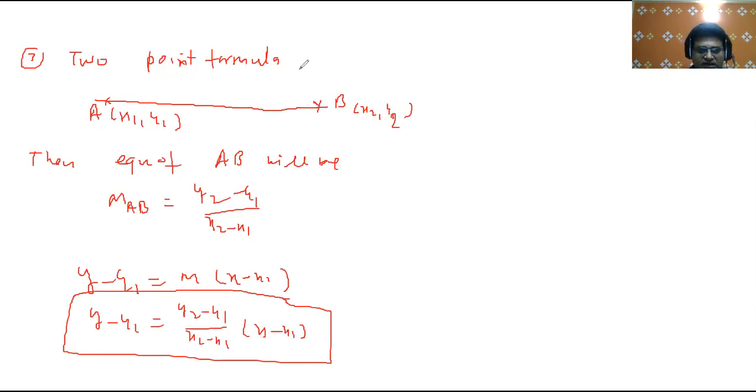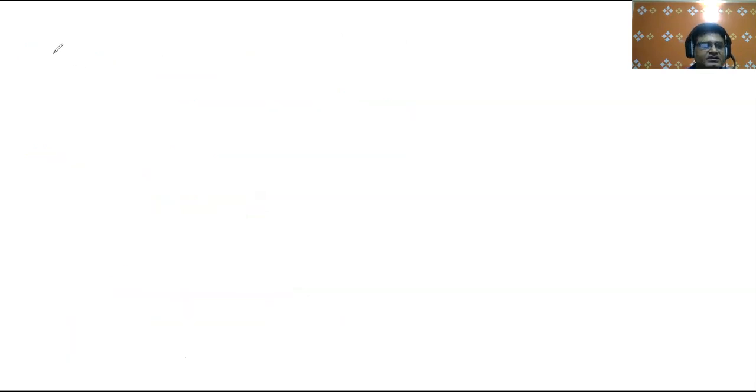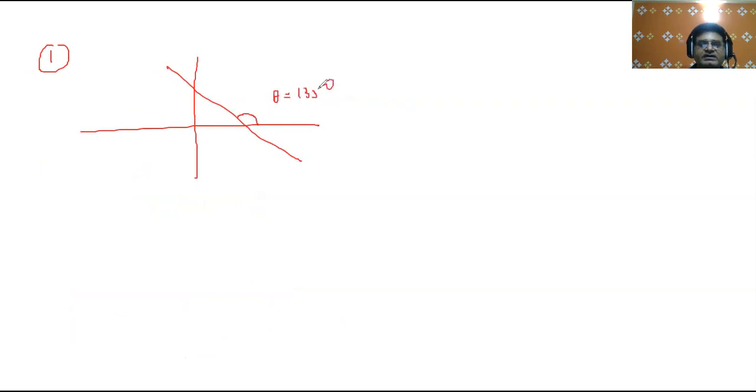Now we are going to solve some questions to understand in a better way. First of all, find the equation of a line which is making angle 135 degree from the positive direction of x-axis and having y-intercept 3.